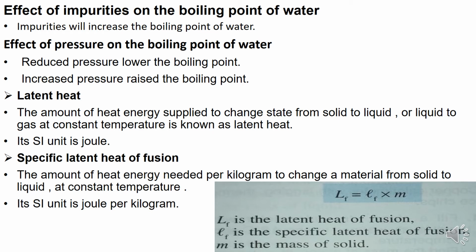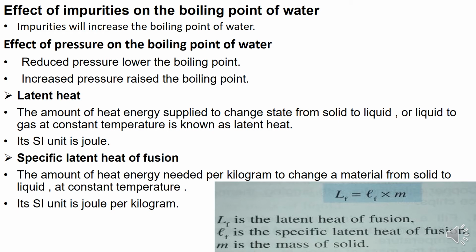There is no difference, only in the specific latent heat case the amount of substance is mentioned. That's it. So the amount of heat energy needed per kilogram. That is the only difference.